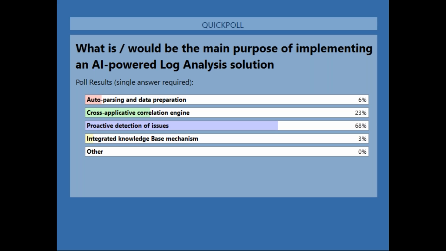Does this jibe with what you're seeing and hearing? Indeed, this is correlating well with the previous poll as well, so you're consistent. That's great. I think that's exactly where the world should go, and we all try to avoid these issues. As we said before, things are breaking, and that's one of the things we can help you with.